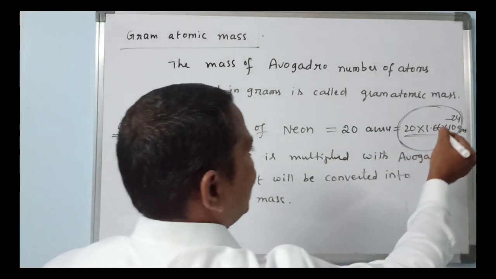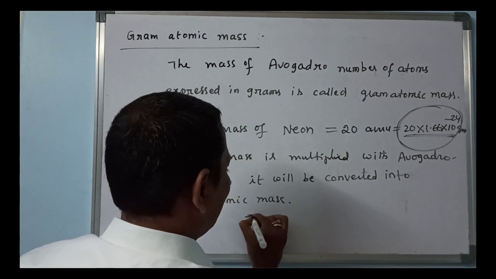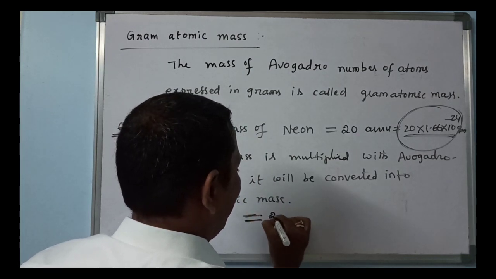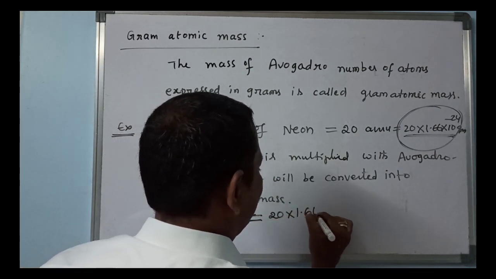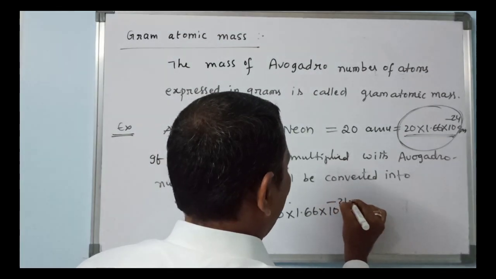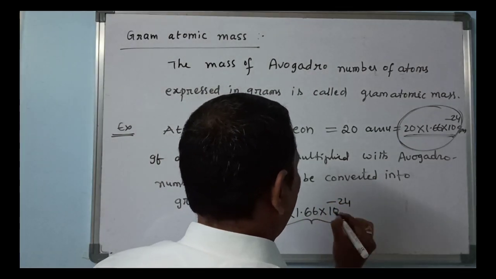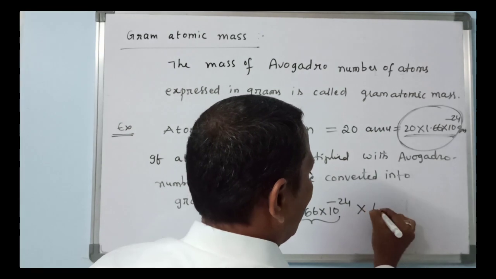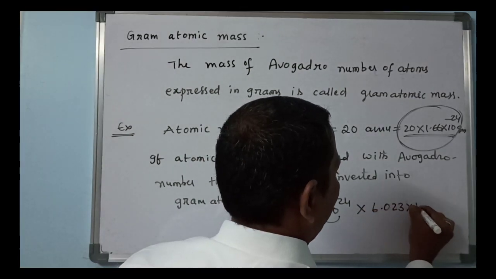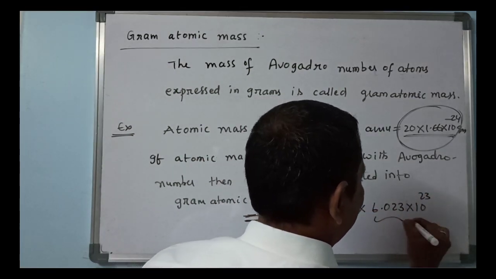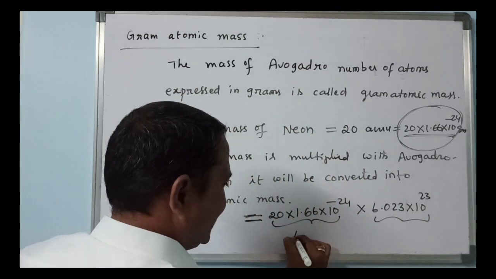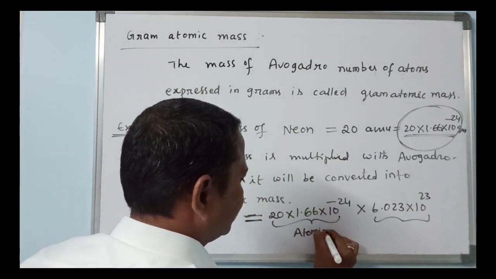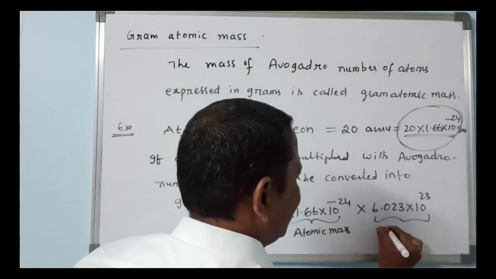See, what is this value? 20 into 1.66 into 10 power minus 24. This is atomic mass. Into Avogadro number, 6.023 into 10 power 23. This is Avogadro number.